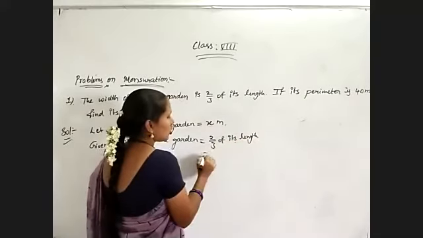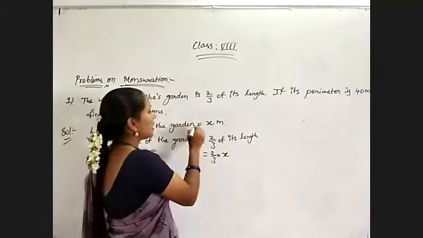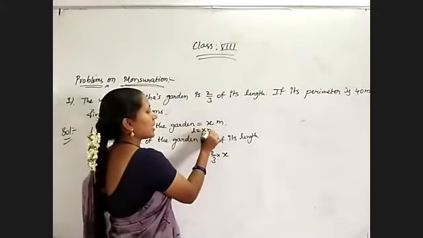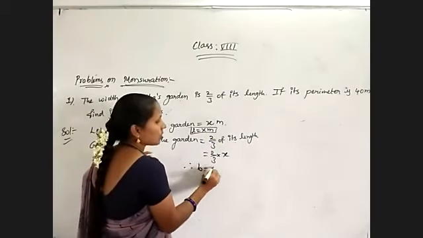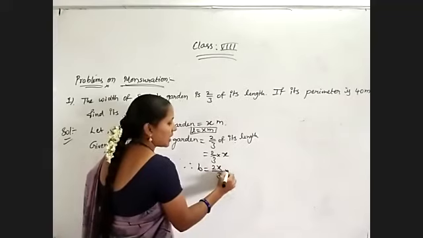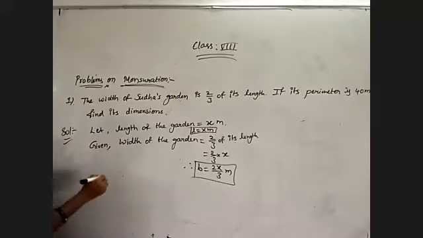So that is 2/3 into length, which is x. So actually here L is equal to x meters. Therefore B will be equal to 2x/3 meters, 2/3 of its length.